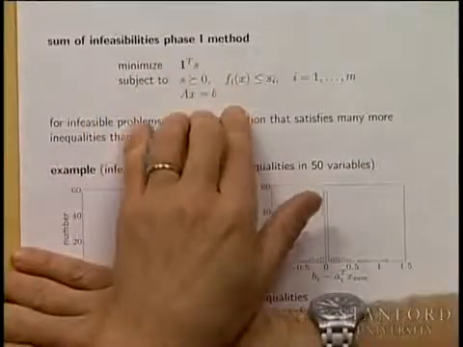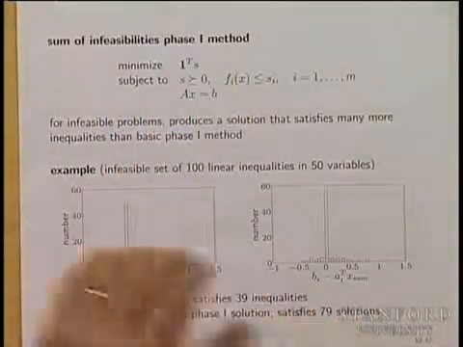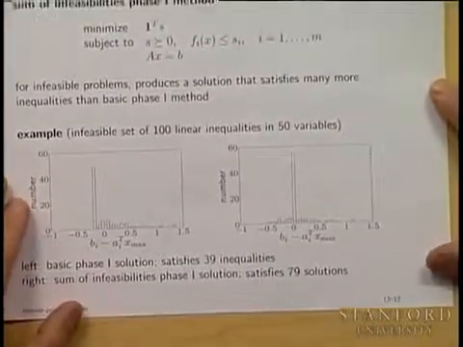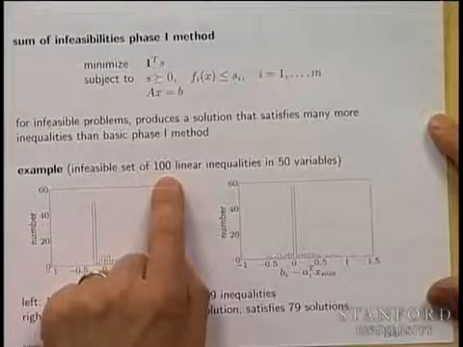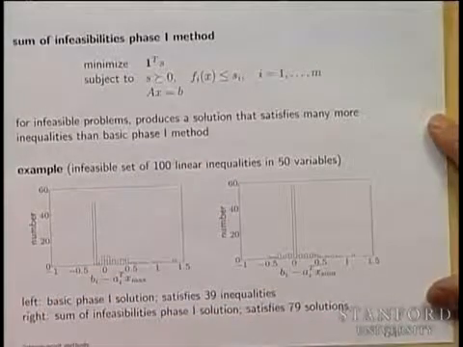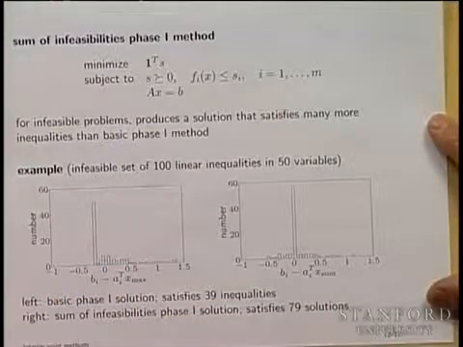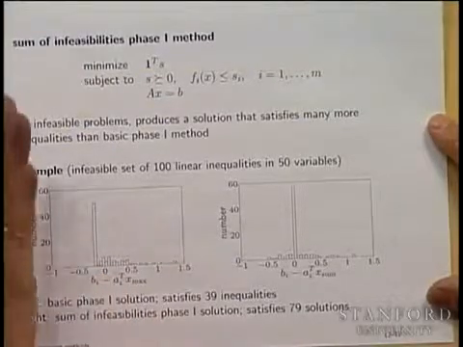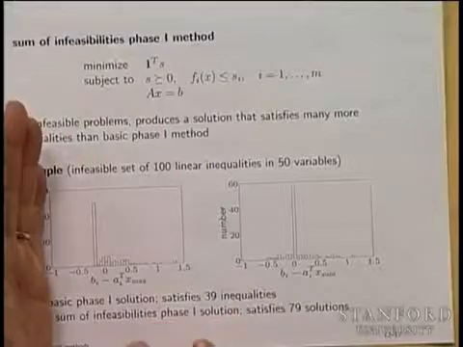When you solve this problem, here is what happens. You have 100 infeasible linear inequalities and 50 variables. This is plotted backwards, I guess, but these are supposed to be positive.